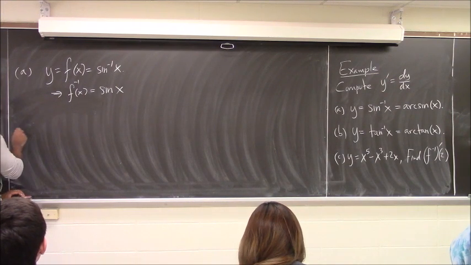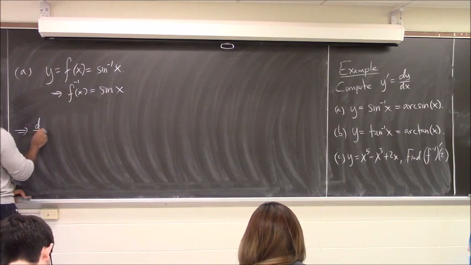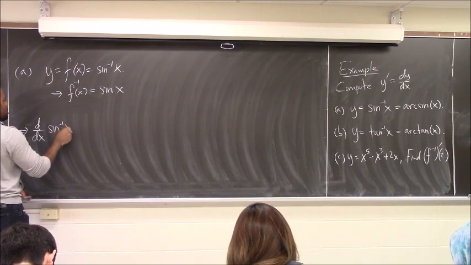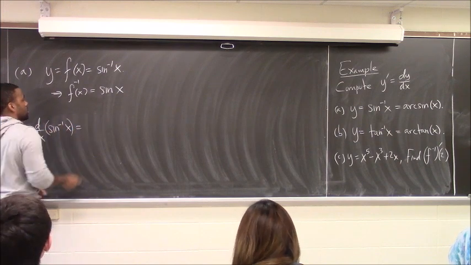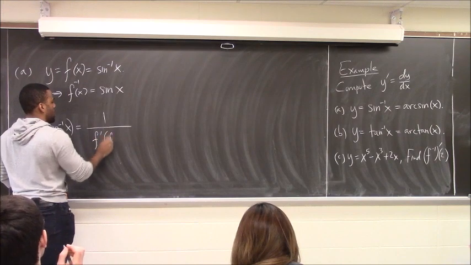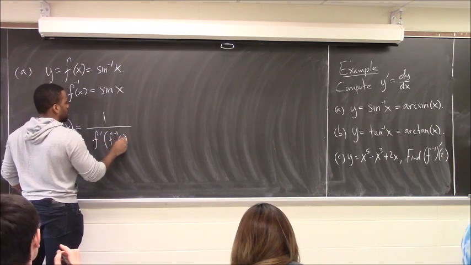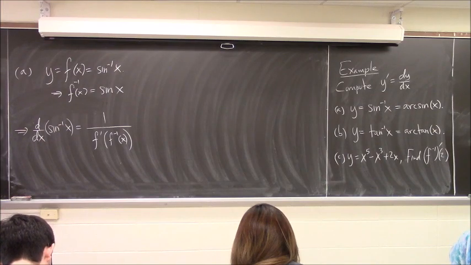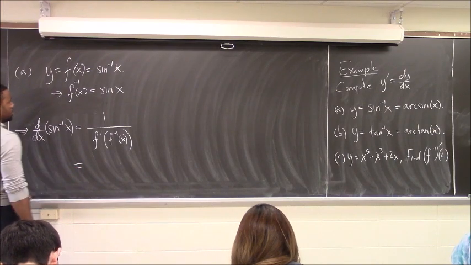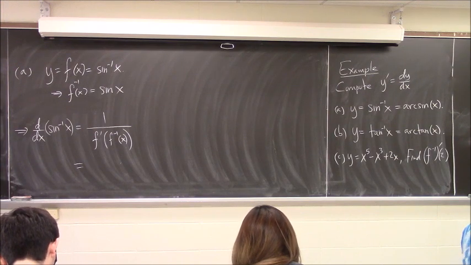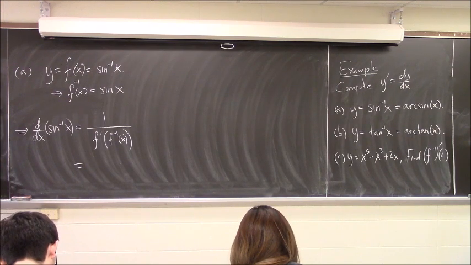And so now, if I wanted to find the derivative of sine inverse, this would be 1 over f prime of f inverse of x. I think I wanted to do it the other way.